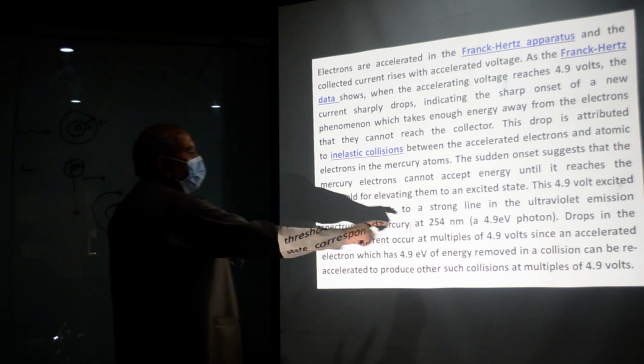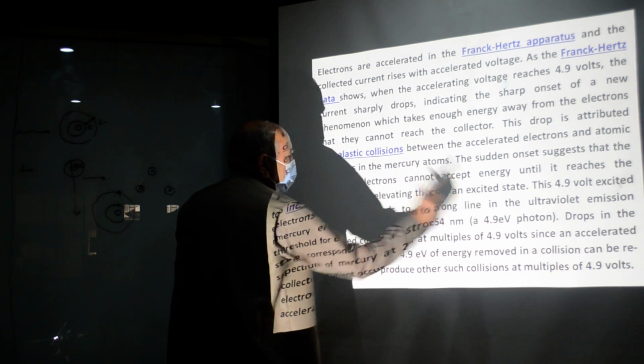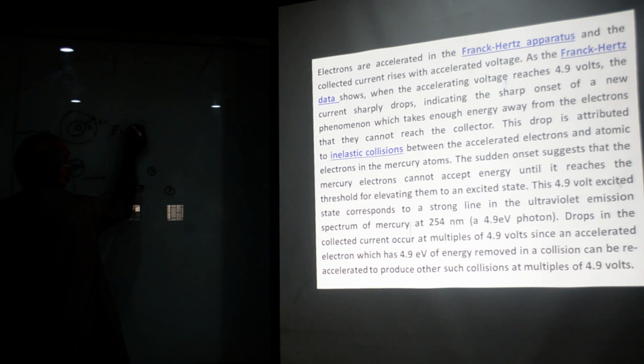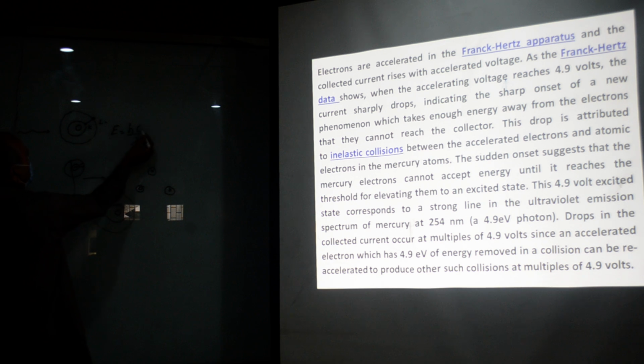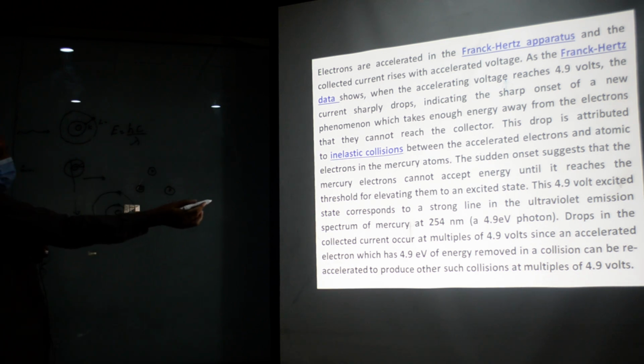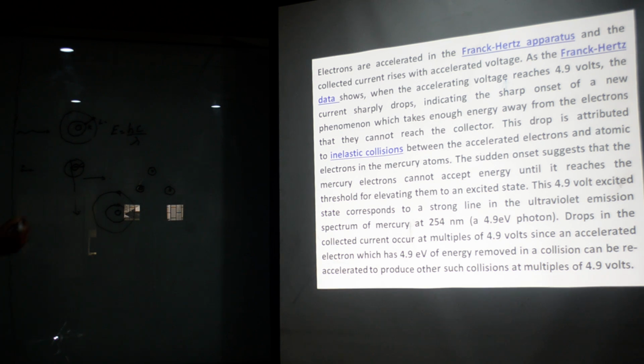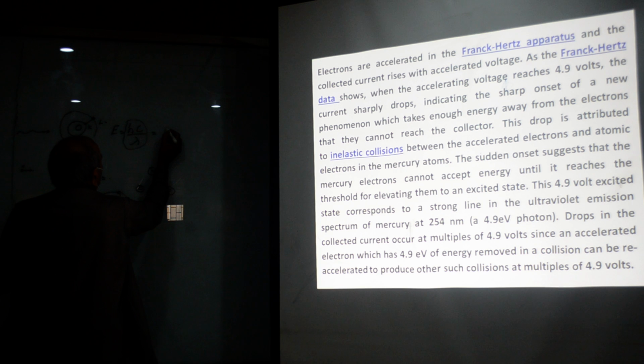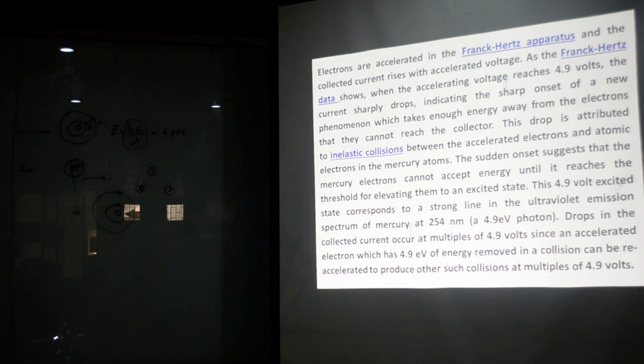If you convert this 254 nanometer wavelength into energy by this relation, E is equal to hc divided by lambda, where h is the Planck's constant, c is the speed of light, and lambda is 254 nanometer, and you substitute all these values, you will get a value in joules, which you can convert into electron volts. It will be 4.9 electron volts.